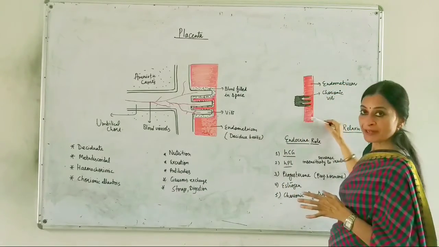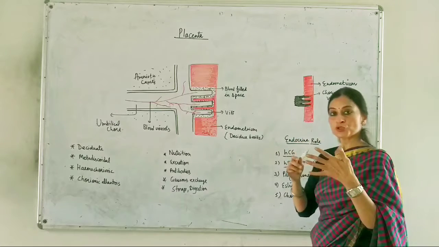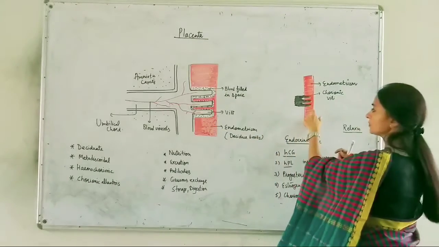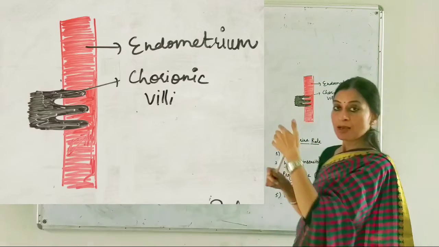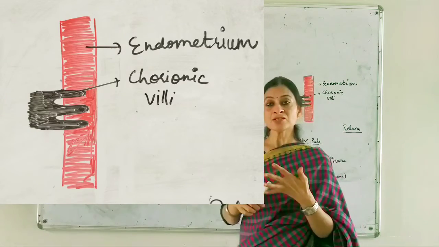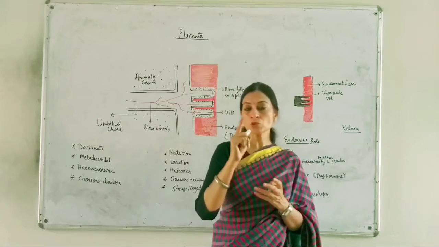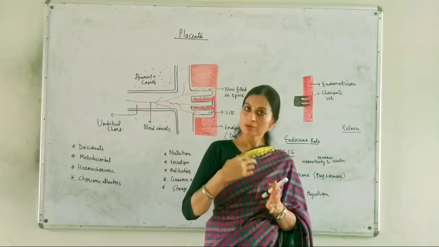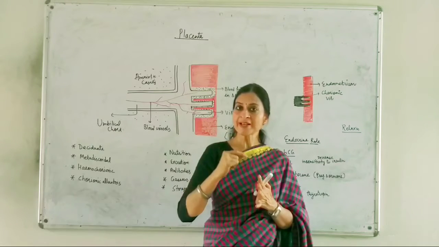In this diagram you can see that some finger-like structures are making a connection with this lining. What are these finger-like structures? These are the chorionic villi. I have told you that the chorion, the outermost extra-embryonic membrane, develops some finger-like structures.